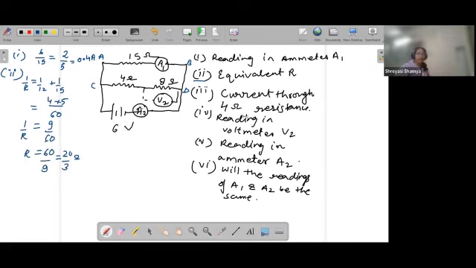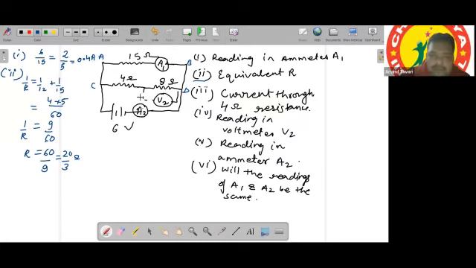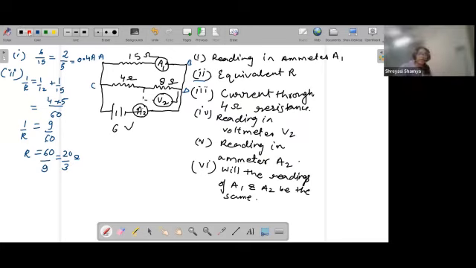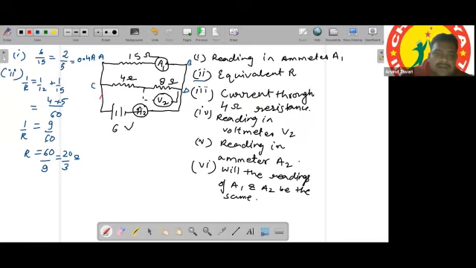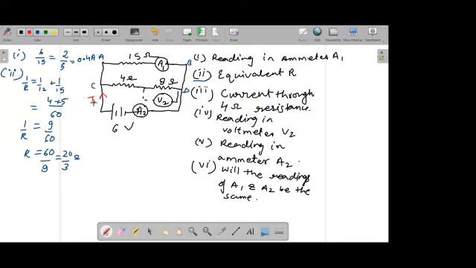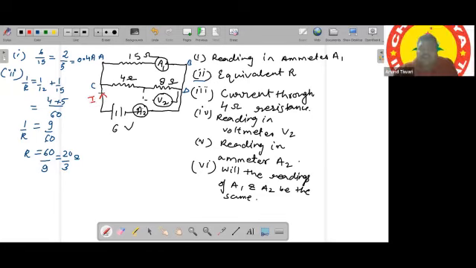So current through the 4 ohm resistor will be the same as the current in the entire circuit, right, sir? Because it is in series? Okay, see here. Suppose some current I is coming from the battery and flowing over here. At this junction, the current divides into two parts.